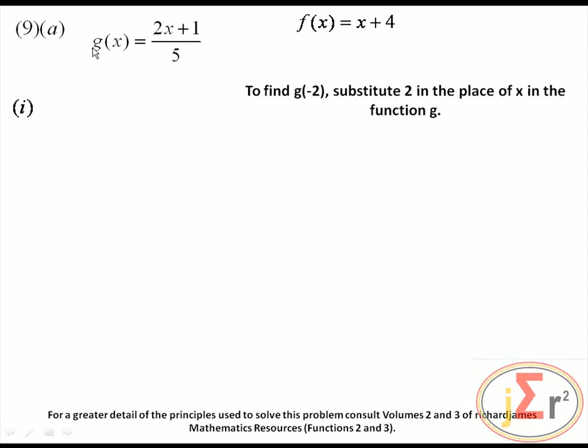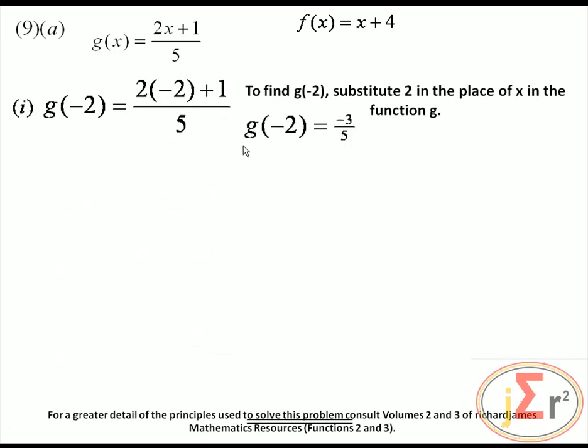So we have g of negative 2 is 2 times negative 2 plus 1 divided by 5. So we have 2 times negative 2, that is negative 4 plus 1, negative 3 over 5, when that is simplified.